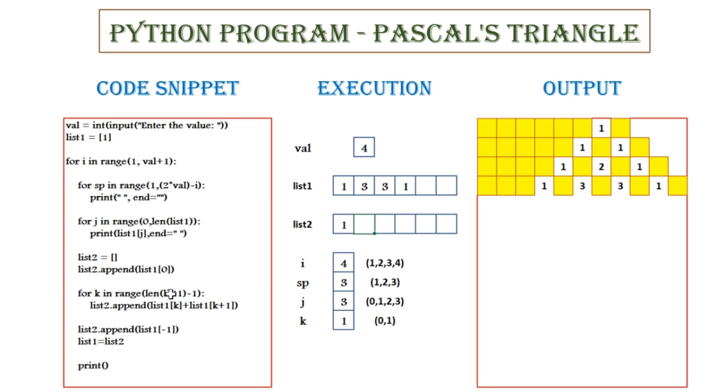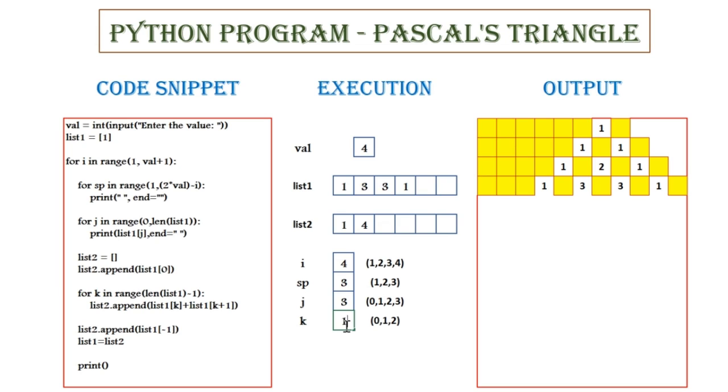Range of 0 to 3 meaning 0 to 2. 0, 1 and 2. And the initial value of k is going to be 0. List 2 dot append list 1 of k plus list 1 of k plus 1. List 1 of 0 and list 1 of 1. So 1 and 3. The sum of these two is going to be 4.